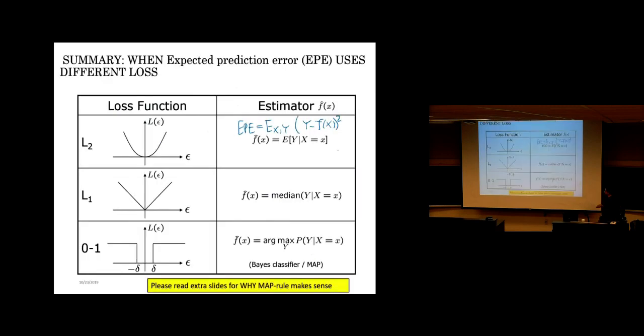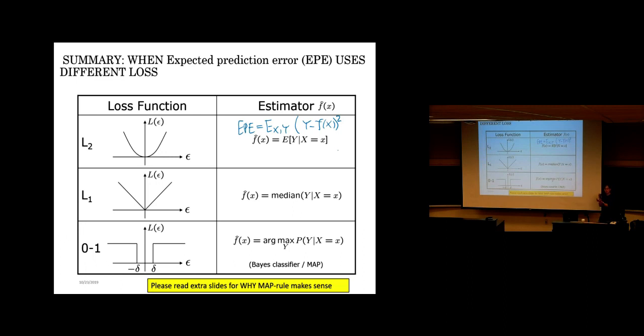And if you change that loss function, not using L2 but instead using the loss called 0-1 loss. The 0-1 loss is the most classic loss for classification, right? If you predict correctly the target class, its loss is 0. There's nothing to lose.